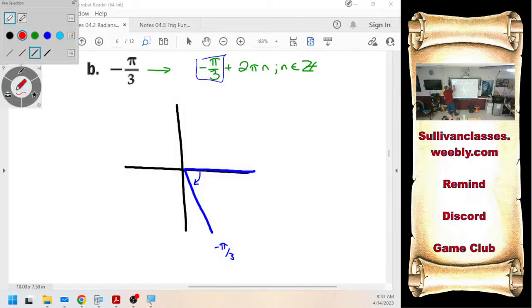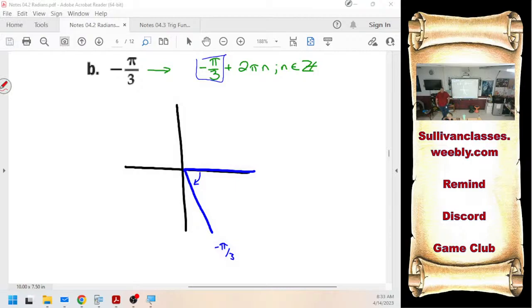Now, which one's going to be easier, positive or negative coterminal angle? The positive, because I don't have to lap it around, right? So I'll just go the other direction. And just like with degrees, the whole thing adds up to 360. Disregard the sign. In this case, the whole thing adds up to 2 pi.